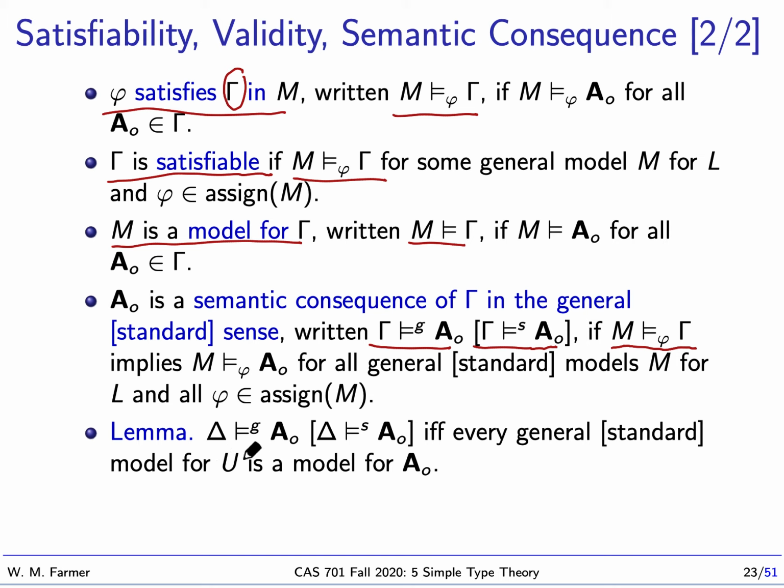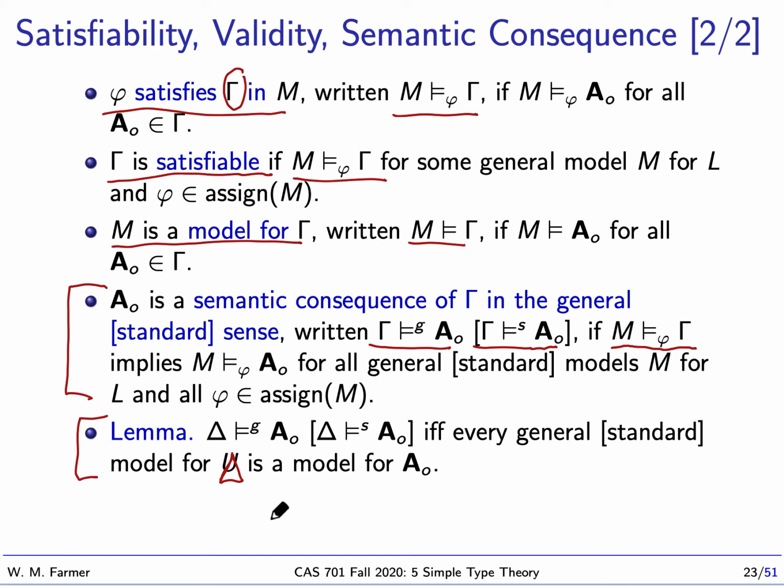then we can say that A is a semantic consequence of delta in the general sense if and only if every general model for delta, sorry, this should not be gamma, this should be delta, every general model for delta is a model for A. And A is a semantic consequence of delta in the standard sense if every standard model for delta is a model for A. So this lemma gives us a special case of semantic consequence.